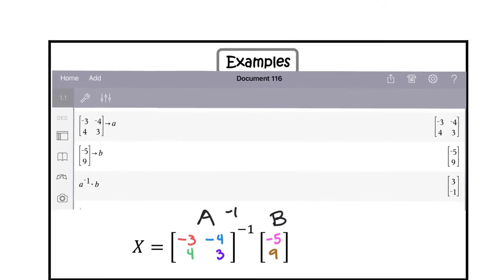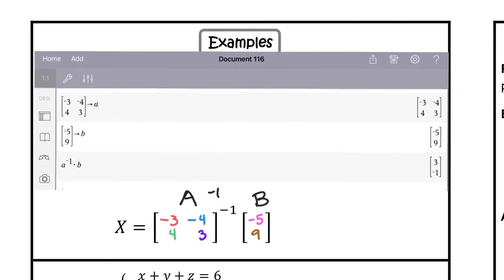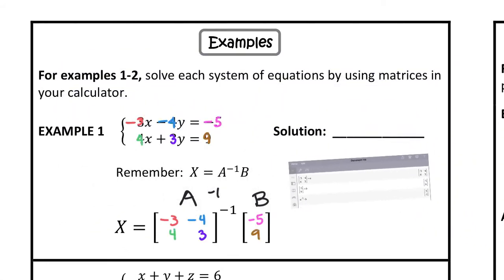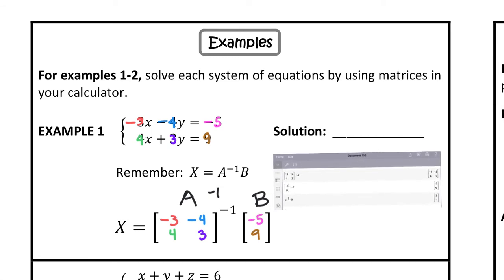Let me make this smaller. So my solution is X equals 3, comma Y equals -1.